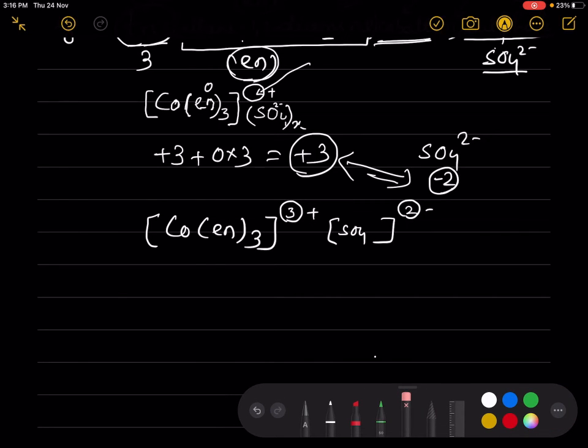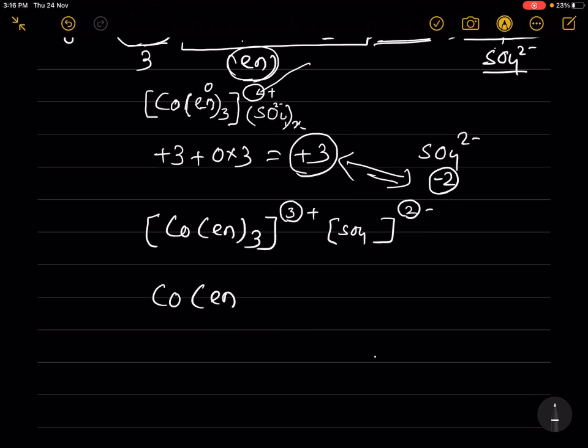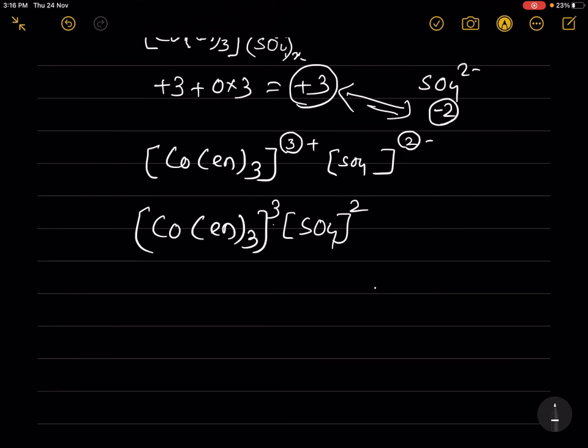like you just write [Co(en)3] SO4, with only the magnitude: write this 3 as the subscript of SO4, and this 2 as the subscript of the complex part, the cation part.